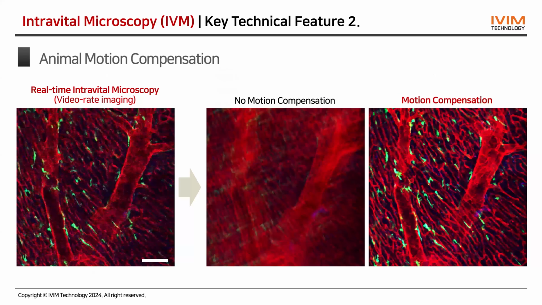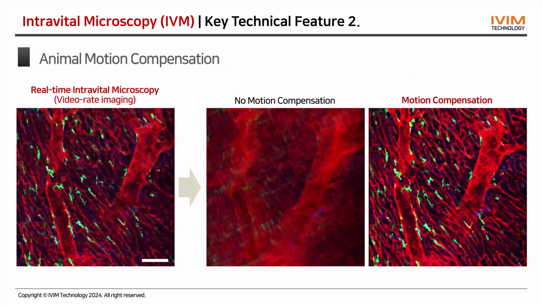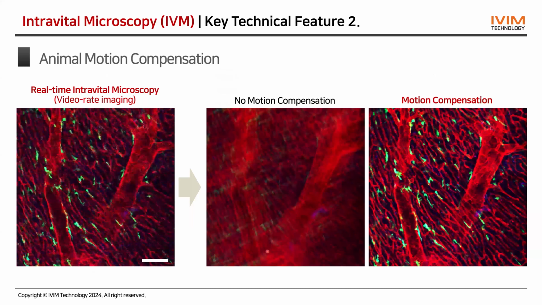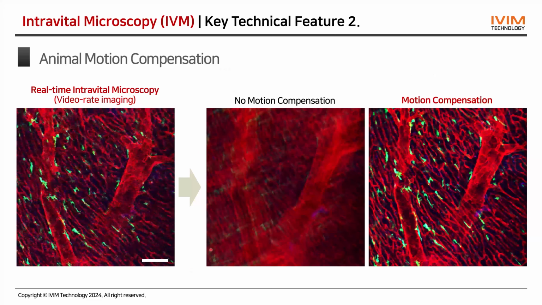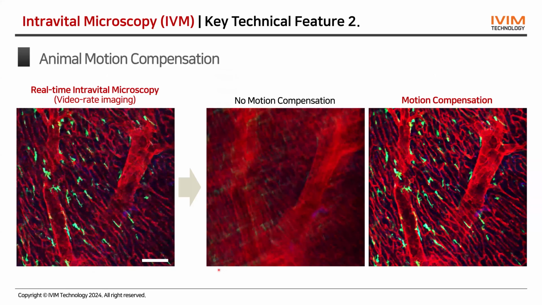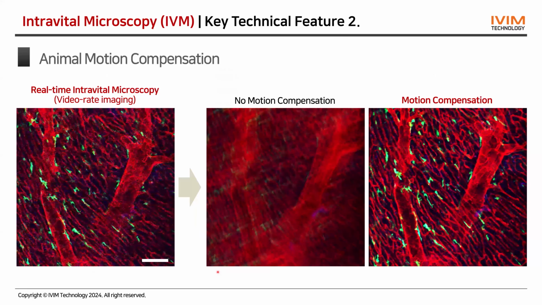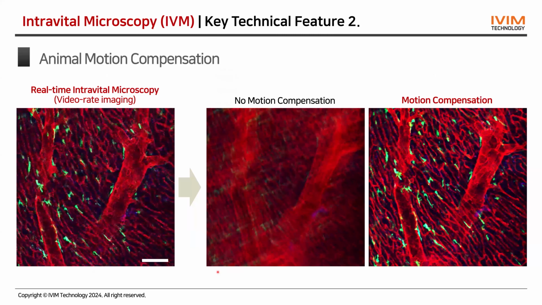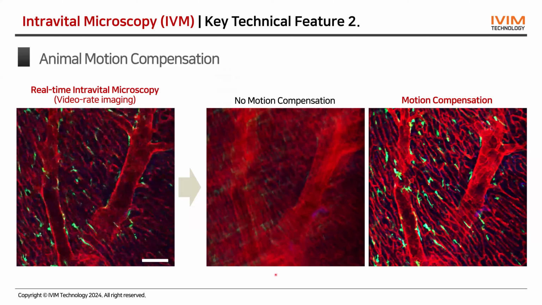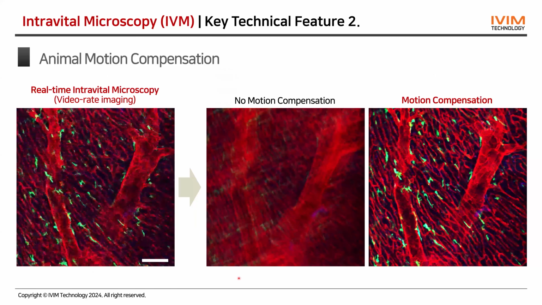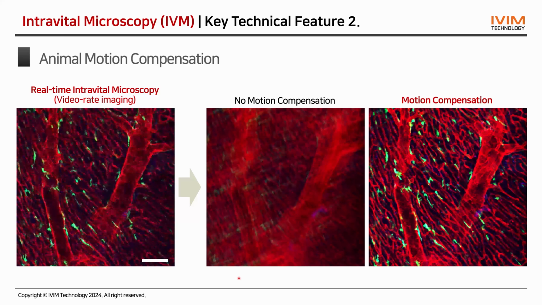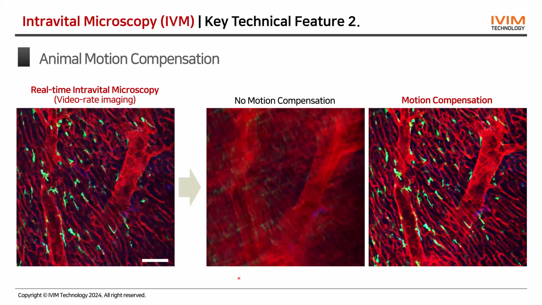And this is an in vivo real-time video of heart imaging. In this side-by-side comparison, even though the raw imaging data has a high degree of movement, when we apply the motion compensation function, we can directly acquire a high quality, clear image without any shifting artifacts. Without motion compensation, only these blurred images can be obtained due to motion artifacts, which distorts the quantitative cellular analysis of imaging data.